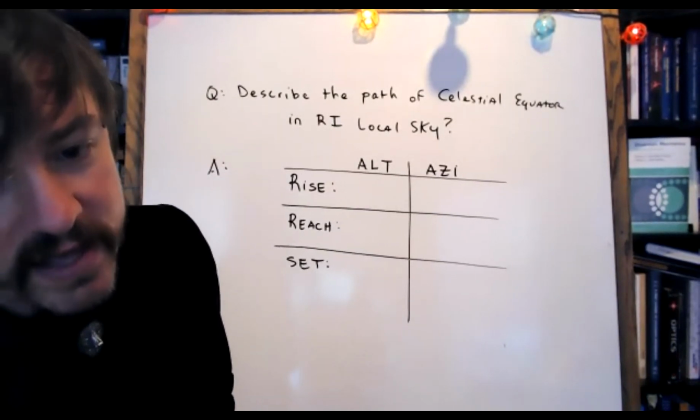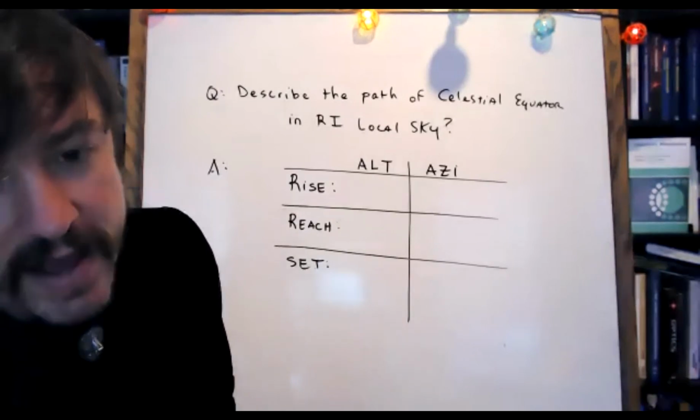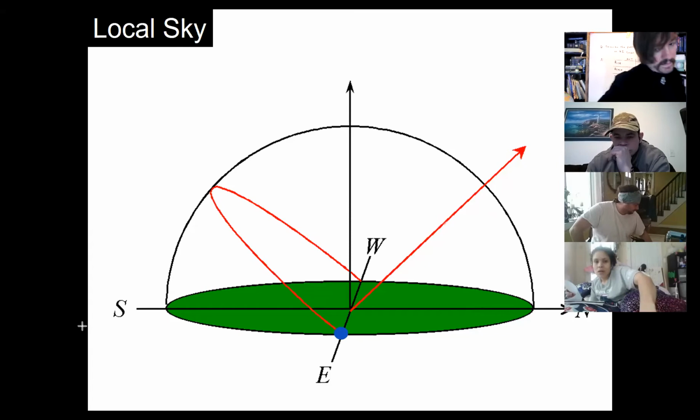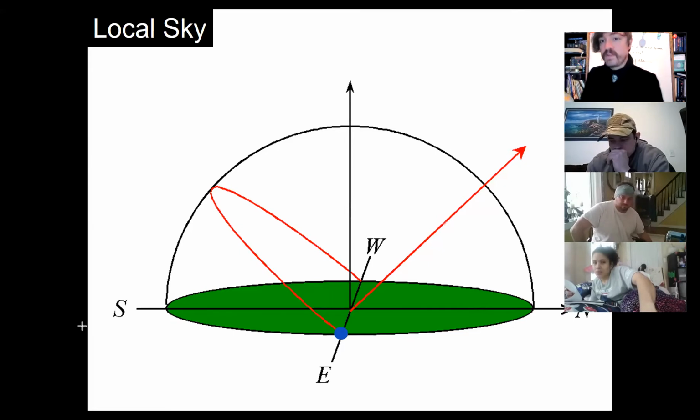Let's start with the rise point. The rise point, once again, is here. Can someone give me the altitude and the azimuth of the blue dot? Remember that altitude is degrees above the horizon, azimuth is degrees along the horizon.